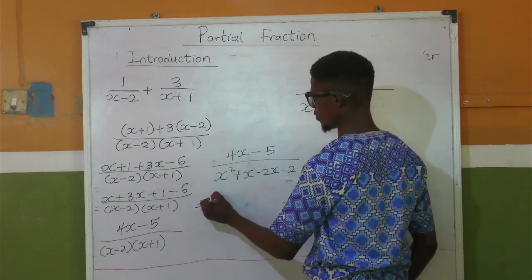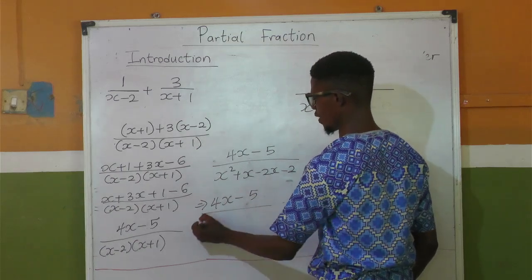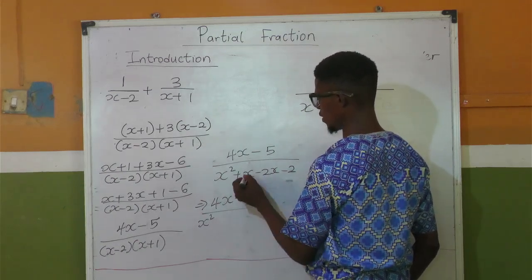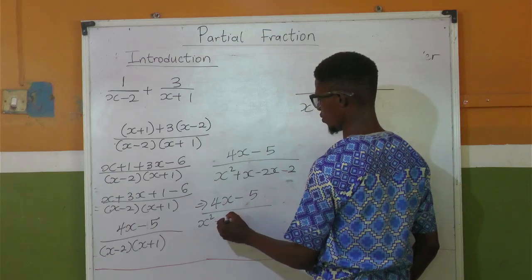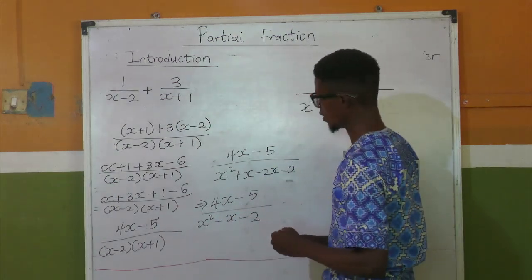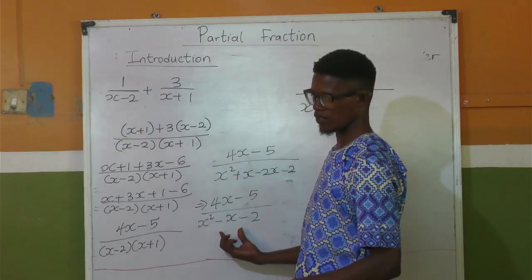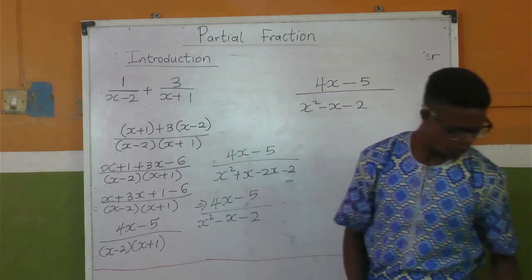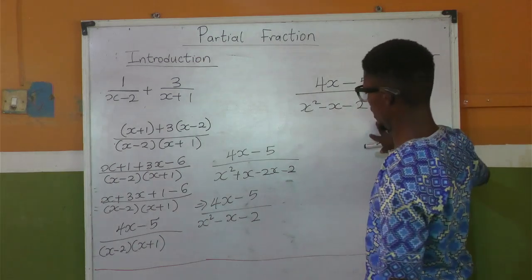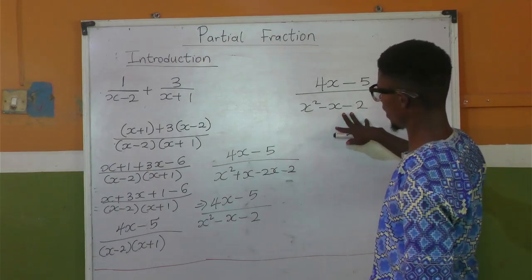So we end up with 4x minus 5 over x squared. If you add the relevant terms, you have minus x minus 2. So it simply means that the addition of these two expressions will give us this expression, which is what I've written here earlier. I've written this earlier, but I'm just showing the process of how I arrived at this.